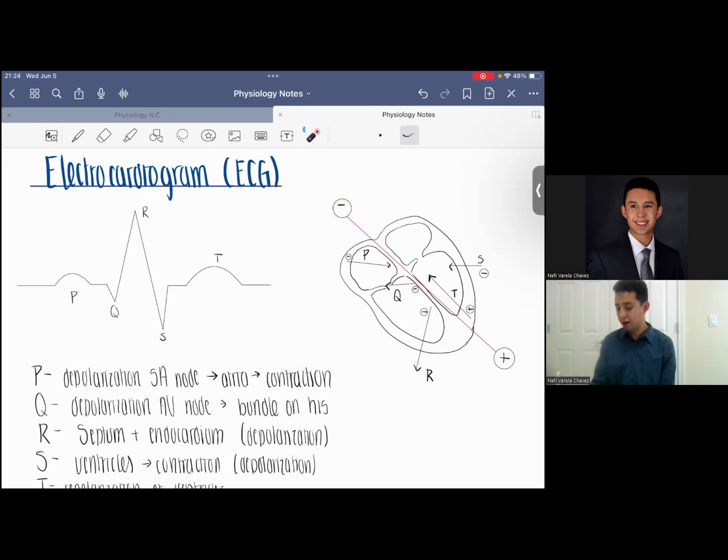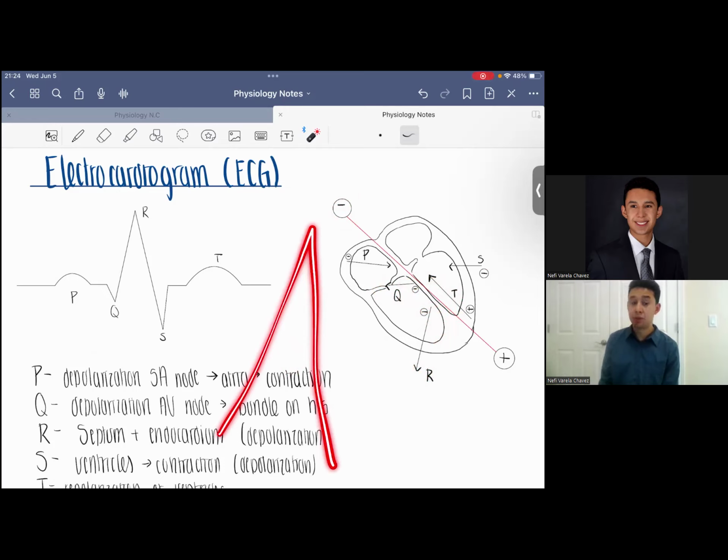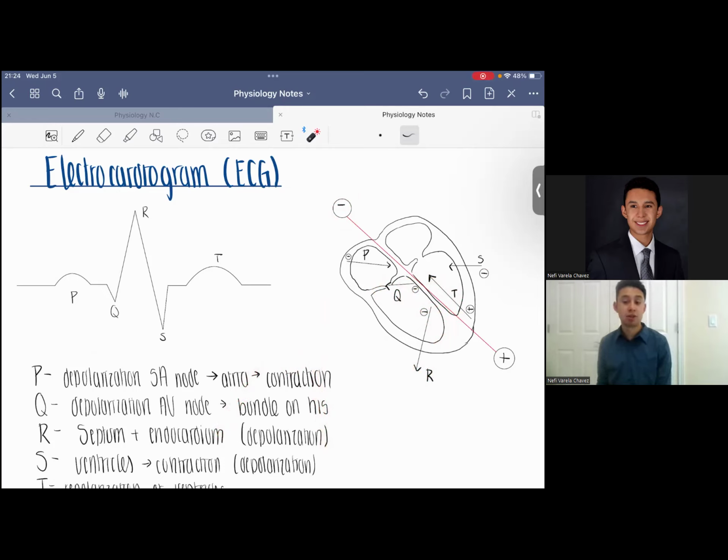Then we're gonna have the R. I said that it's gonna be the intraventricular septum and then the endocardium. So negative going to positive is gonna go up, and this is gonna depolarize a lot of muscle fibers, so that tip is gonna be pretty long. Okay, well, compared to the others. And S, so I said S is gonna be the ventricle, and it's gonna cause contraction. Something worth mentioning, because we have more muscle fibers in this part of the heart, we're gonna start from here.